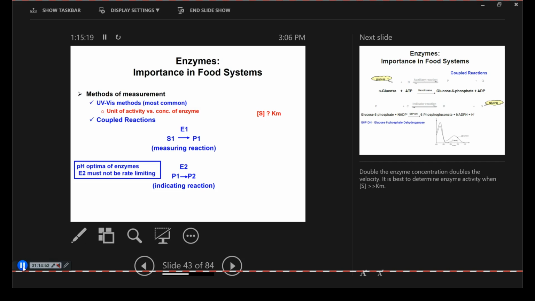So you need to change the reaction condition, which might impact other components and result in interferences. And then the other factor that we need to keep in mind is E2 should not be the rate limiting. That means this reaction should proceed very fast. As soon as you have the product, this reaction should be faster. So the rate of this reaction should be faster than the rate of that reaction, as it is the indicating reaction.